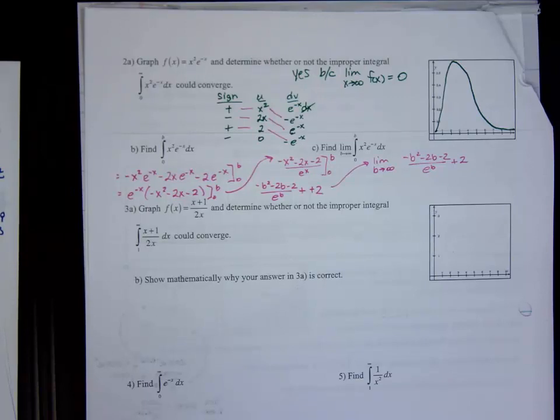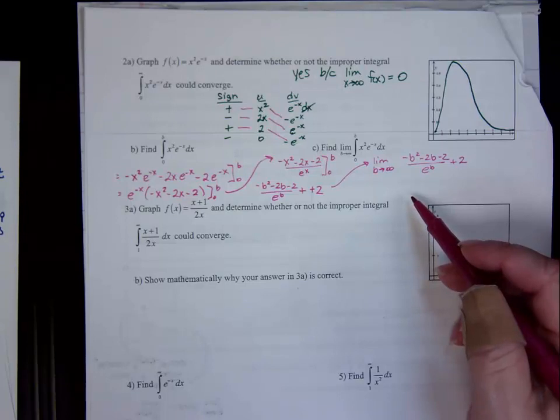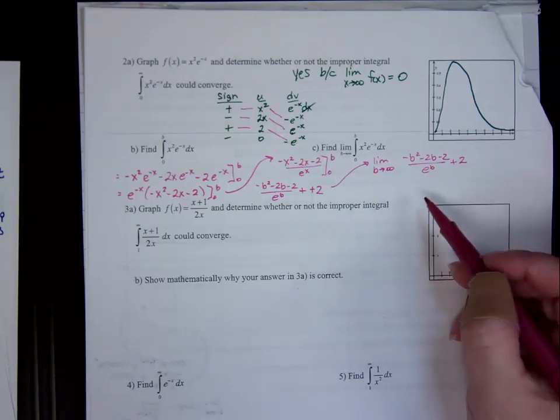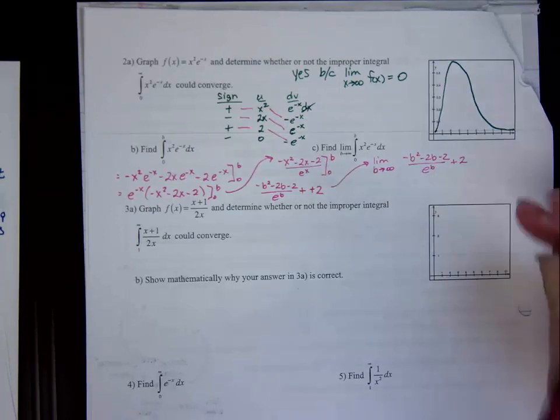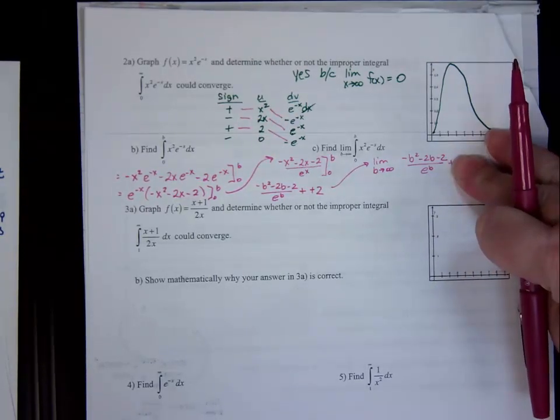Now, the AP test does not require that you show all the steps to get from here to what its limit's going to be, because a lot of it you can do in your head. Okay? If I plug in infinity right now just to the fraction part, am I going to get infinity over infinity?